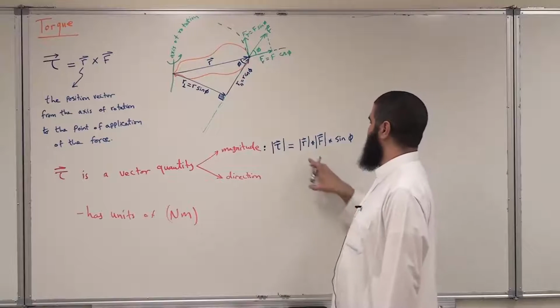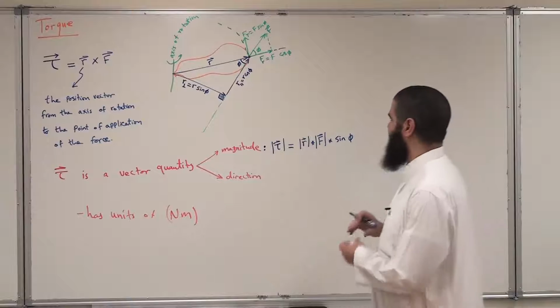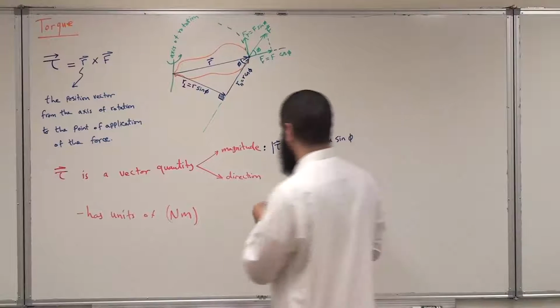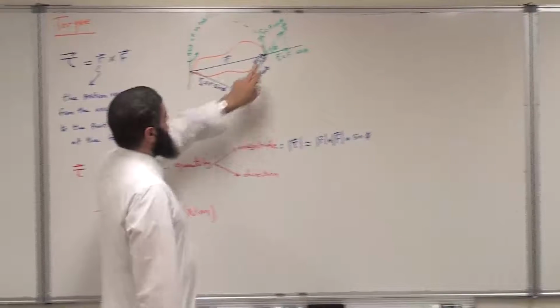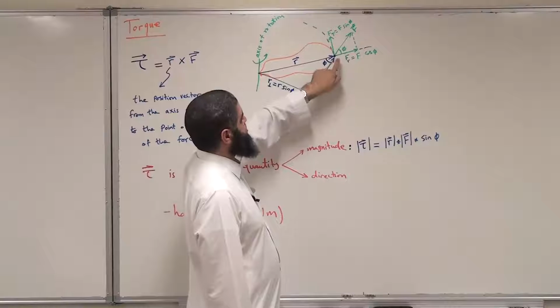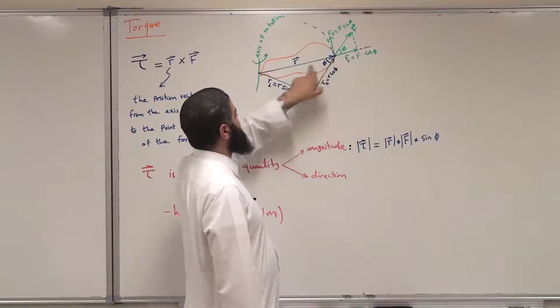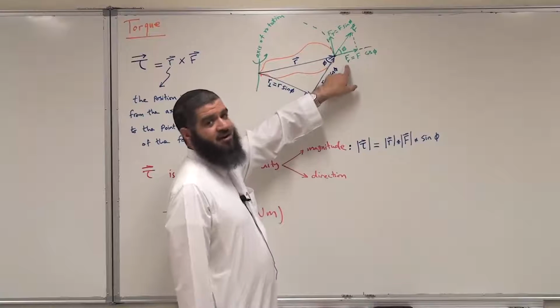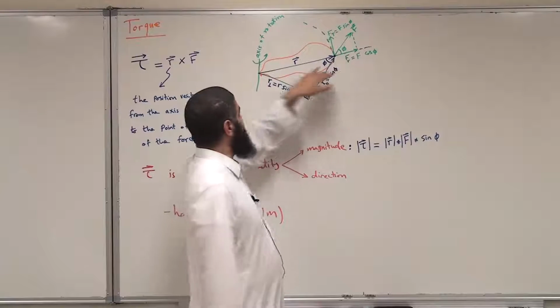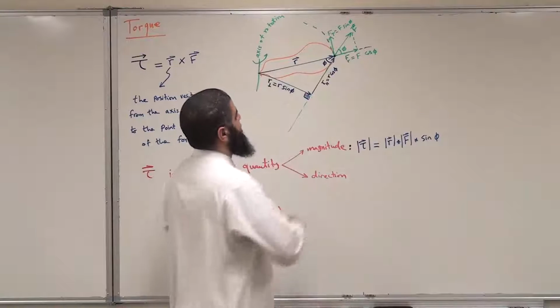We can rewrite this if we take the force times sine phi. If you look here in this figure, you take the force and analyze it into two components. I can analyze it into a component along this r. We call it Fr, the radial component of the force along the position vector.